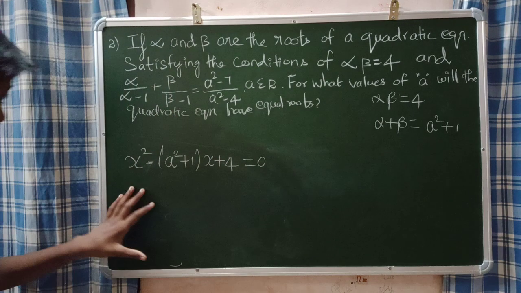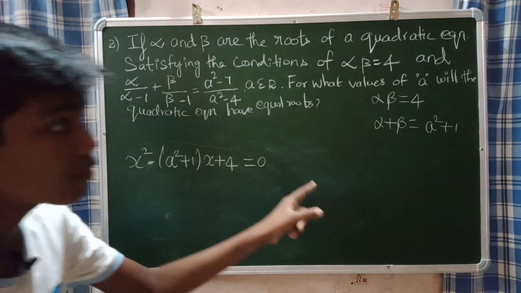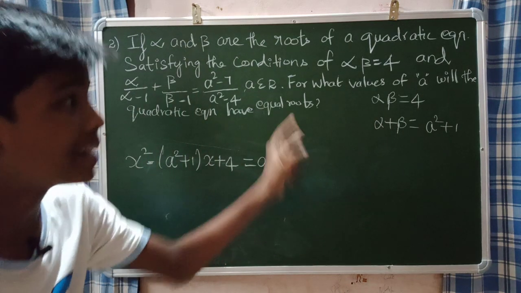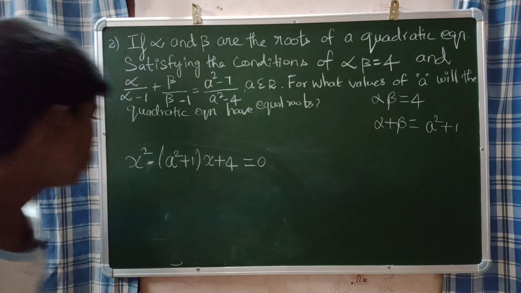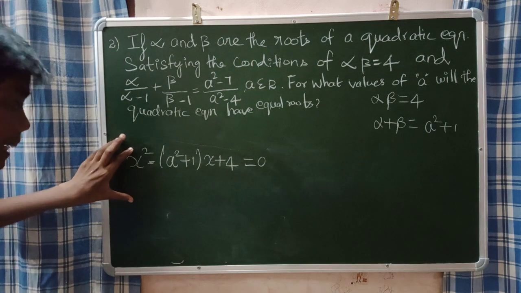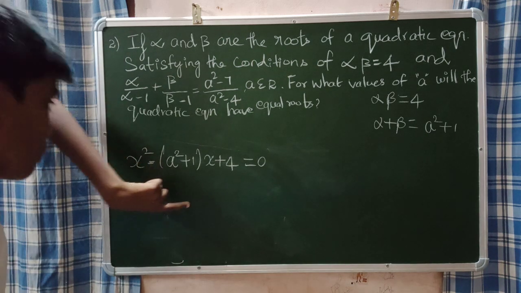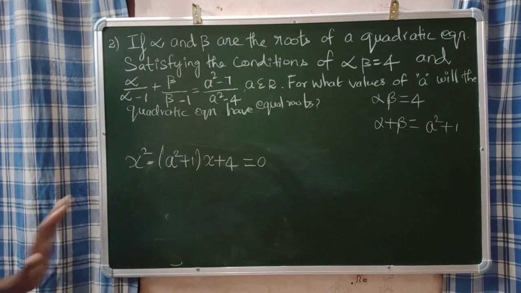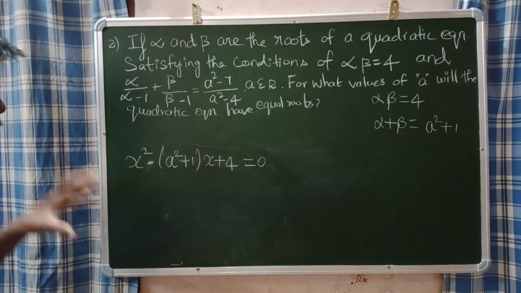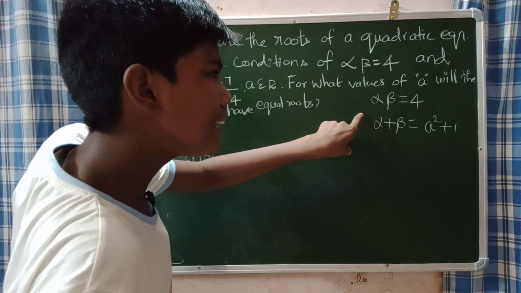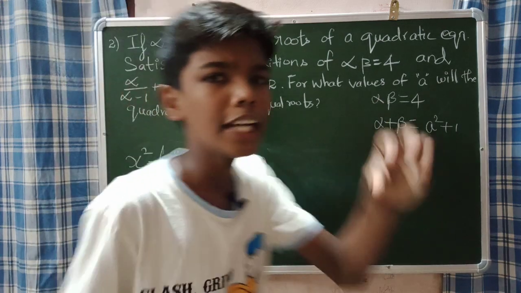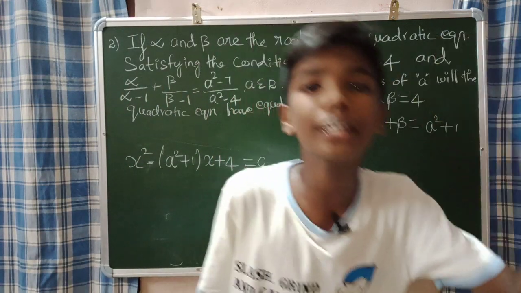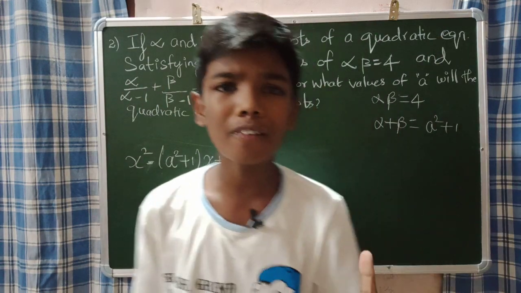This is a quadratic equation in which the sum of roots is a square plus 1 and product of the roots is 4. So this quadratic equation is x square minus (a square plus 1) x plus 4. Now, how I am converting alpha plus beta and alpha beta into its respective quadratic equation is a very simple formula, guys.